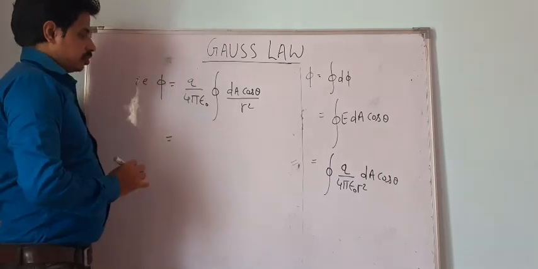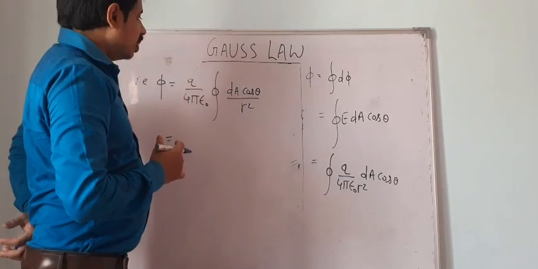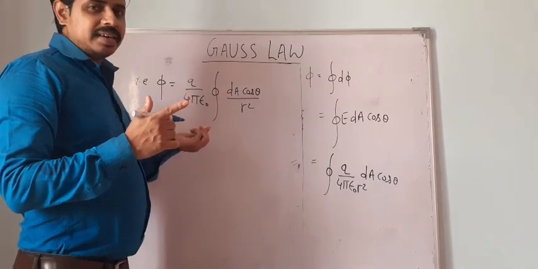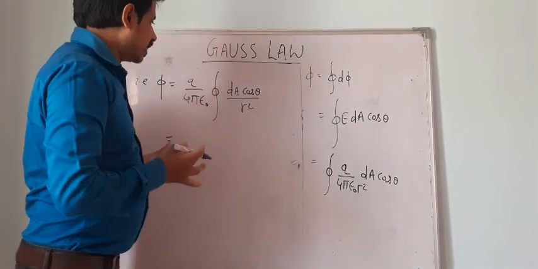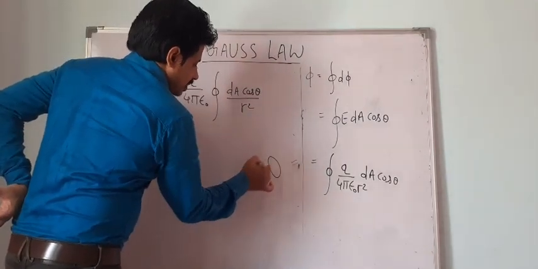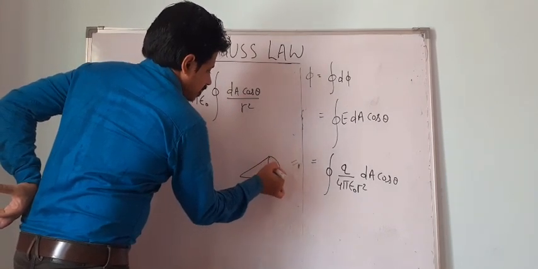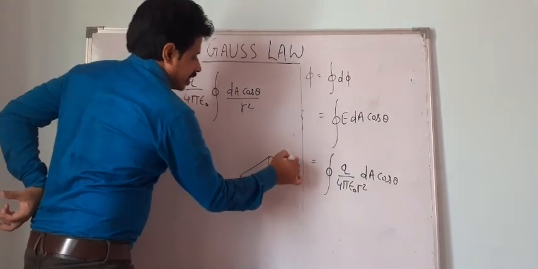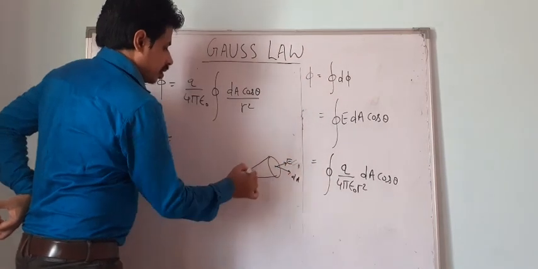Now there is one thing, that there is a concept of solid angle, that like a line can subtend a plane angle, a surface can subtend a solid angle at a point. I show you here. If there is a surface and there is a point, then this surface can subtend. Suppose the electric field is in this direction and dA is in this direction.